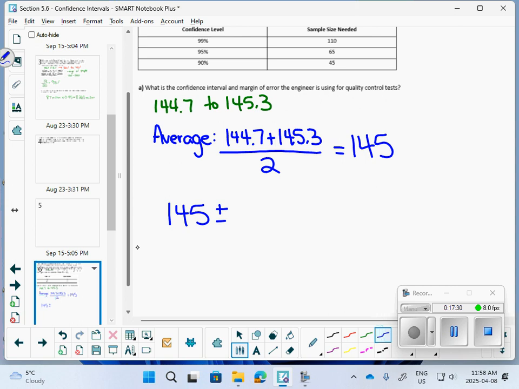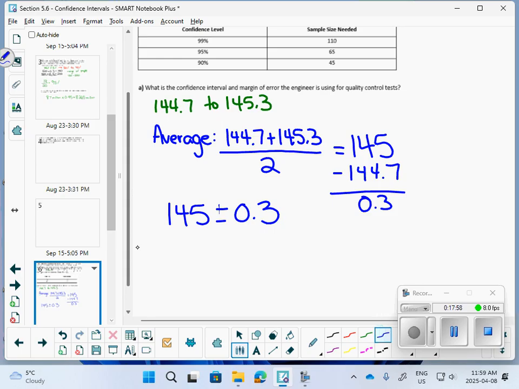Subtract what? 0.3. So you could go 145.3 minus this. You might even be able to see that's how we got it. But if not, you minus 144.7, you get the margin of error.